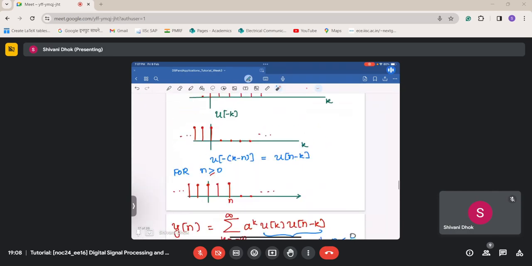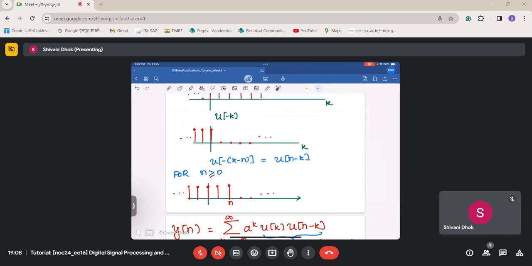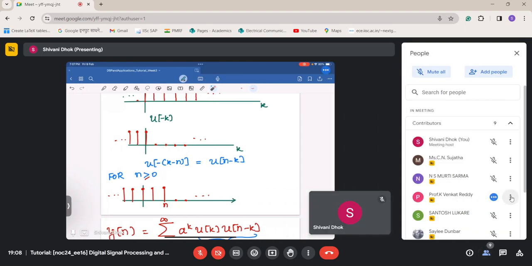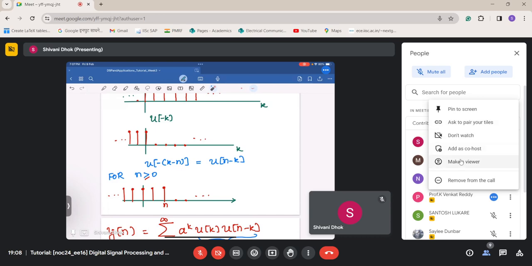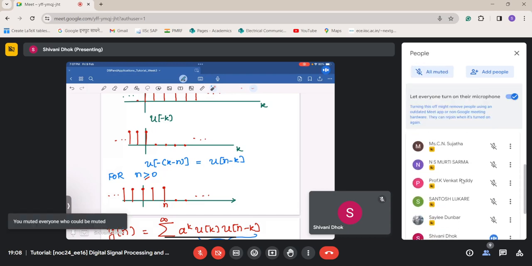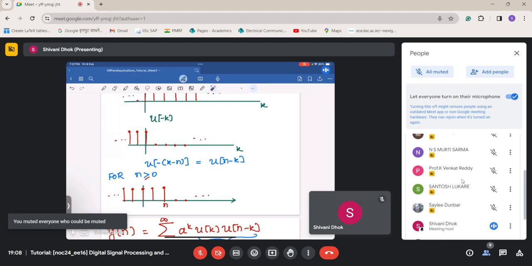So what we observed is for n equal to 0, for k running from 0 to n, then we can write it as summation of k equal to 0 to n.